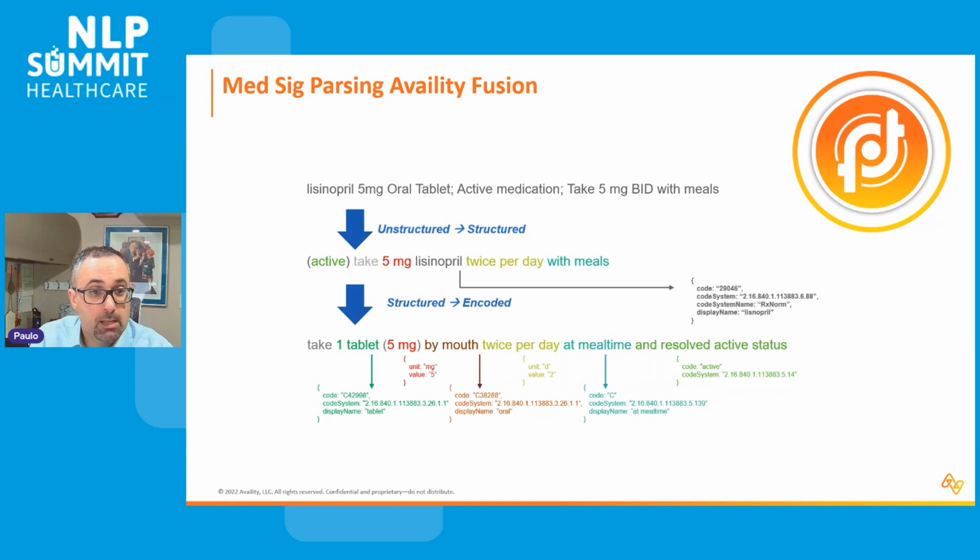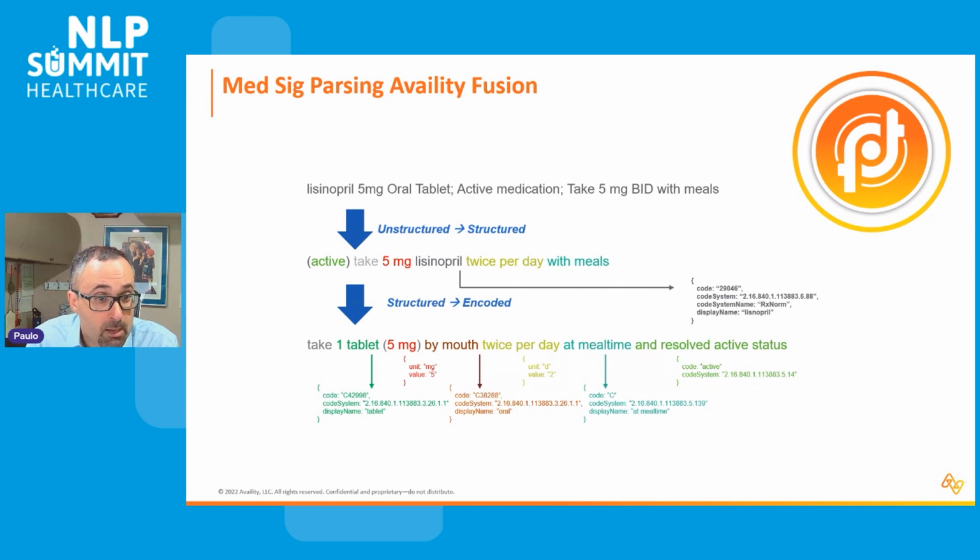You can see that we encode it into a bunch of different parts. The first thing is we take out that medication, lisinopril, and we normalize it to one of those medical terminologies that we've spoken about before. In this case, really addressing the structured element of this prescription, right? Now, the signatura part, which you can see at the bottom, is where we'll take that and divide it up into individual component parts.